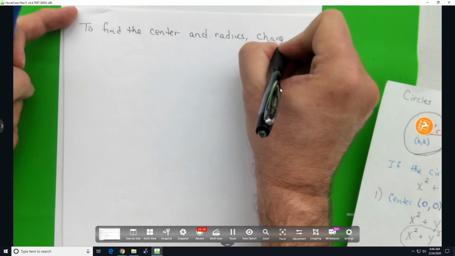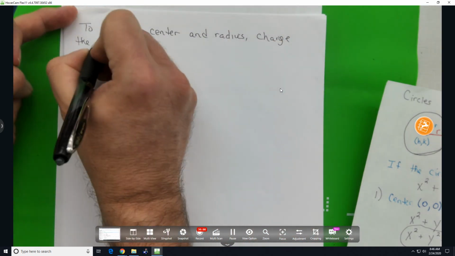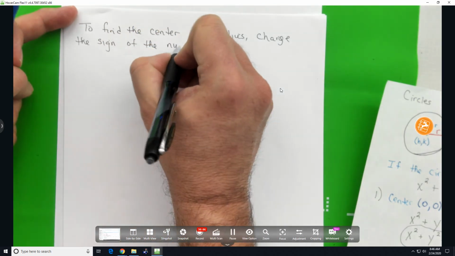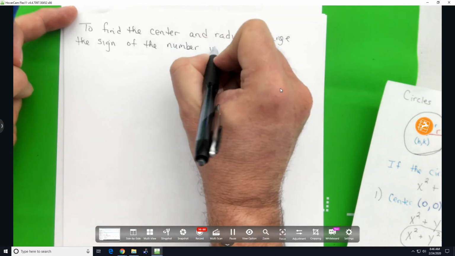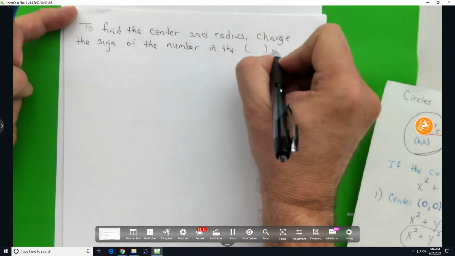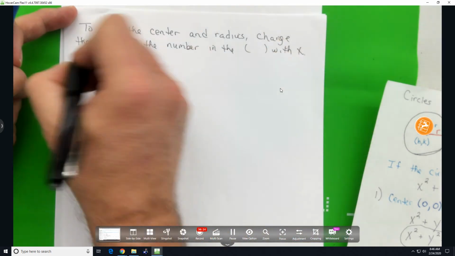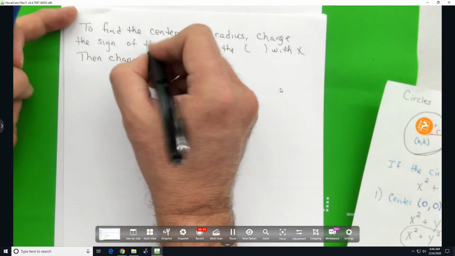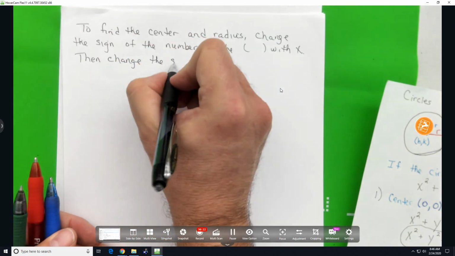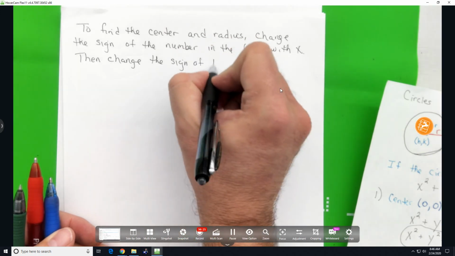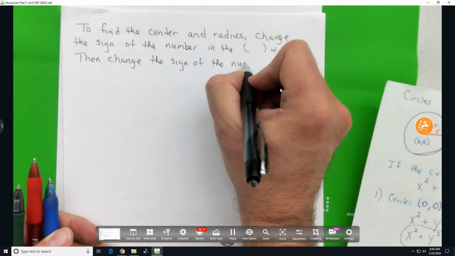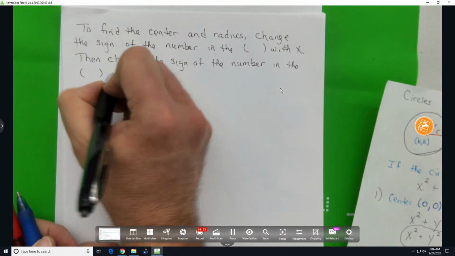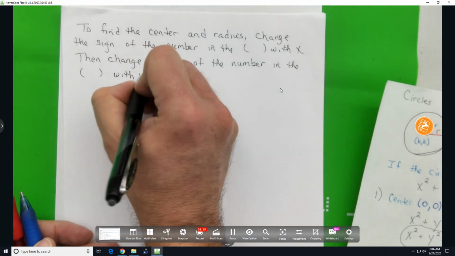Change the sign of the number in the parentheses with X, then change the sign of the number in the parentheses with Y. That gets you the center.